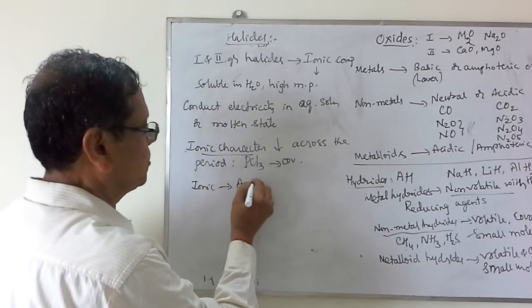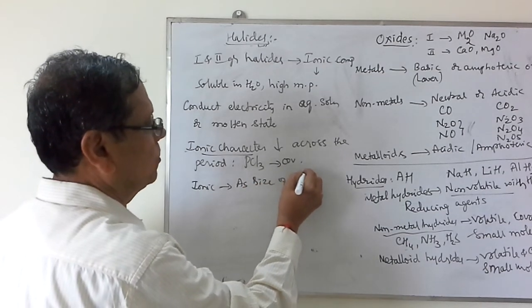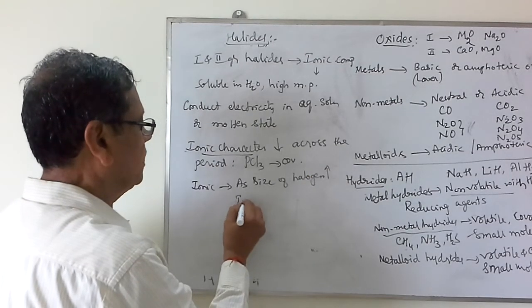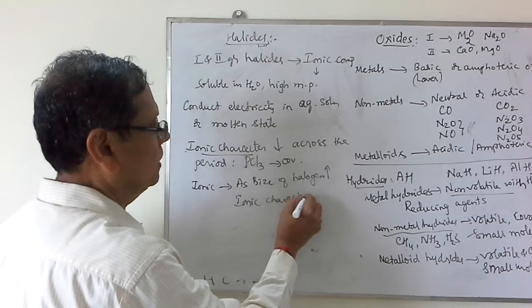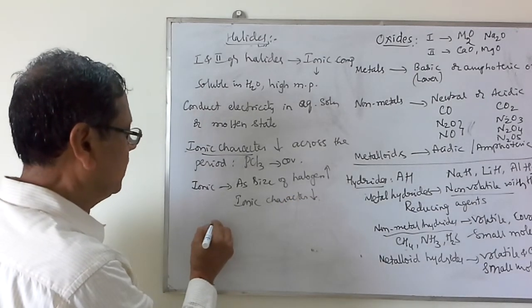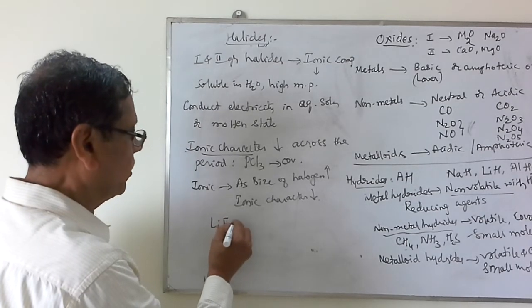As the size of the halogen increases, ionic character decreases. For example, when we consider the same element lithium, lithium fluoride is ionic in nature.